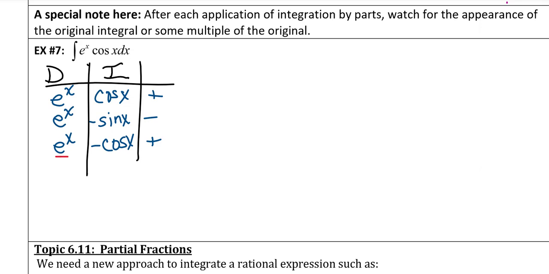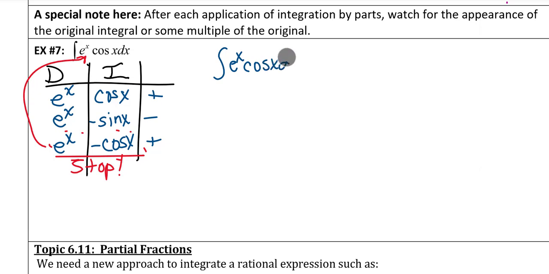Now right here, you want to stop. And the reason for that is, look what you have here. You have the original function with a negative sign. So here's what we have so far. We have our integral of e to the x cosine x dx. And let's write out what we do have along our diagonals. We have negative e to the x sine x, and then we'll have a double negative here, so minus and then this negative here.